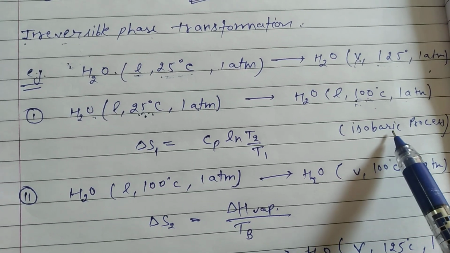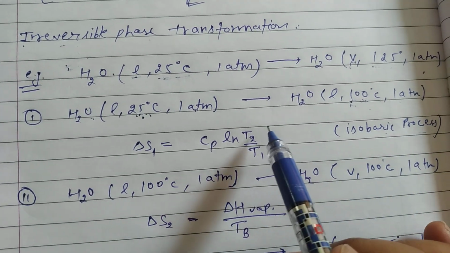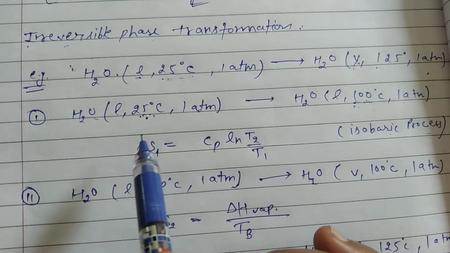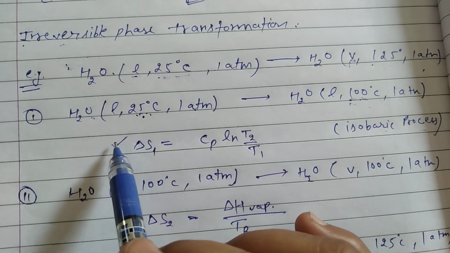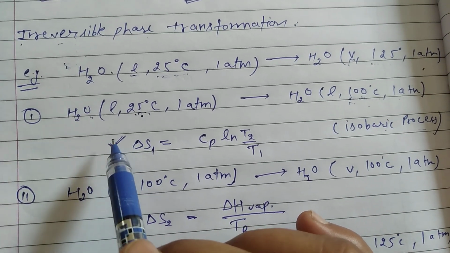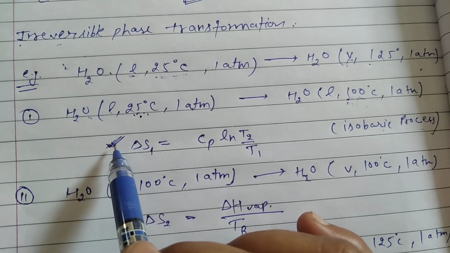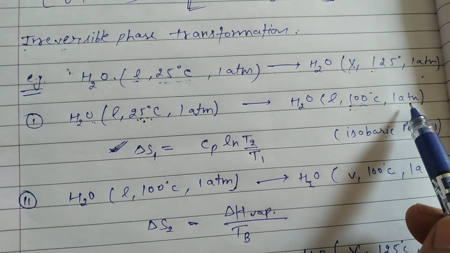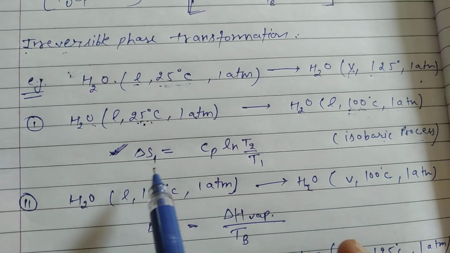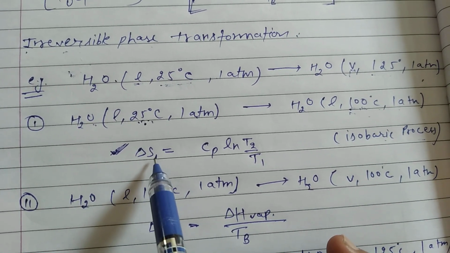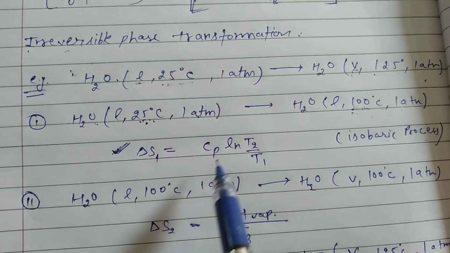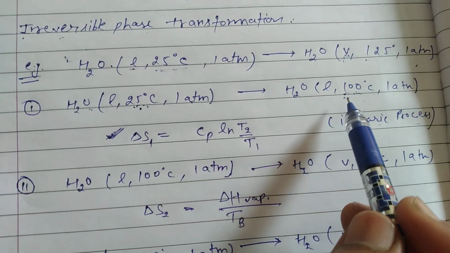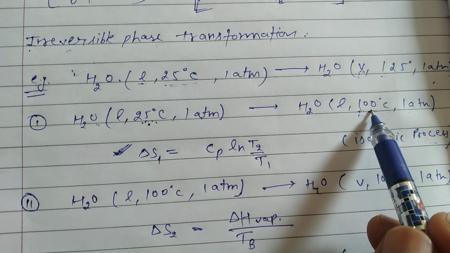I already told these two formulas, and by keeping the pressure constant we get this formula: the change in entropy is equal to Cp ln T2 by T1. Now we increase the temperature up to its boiling point.